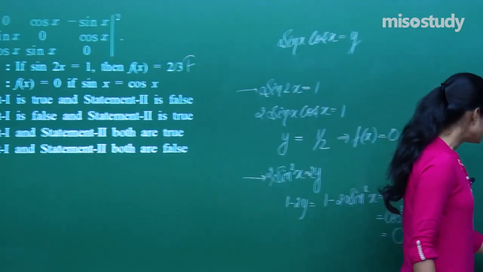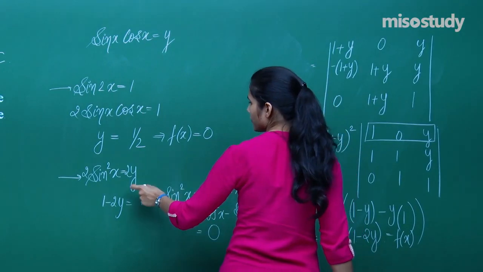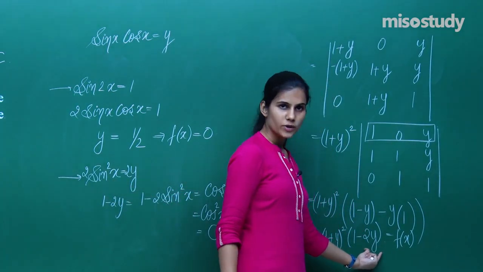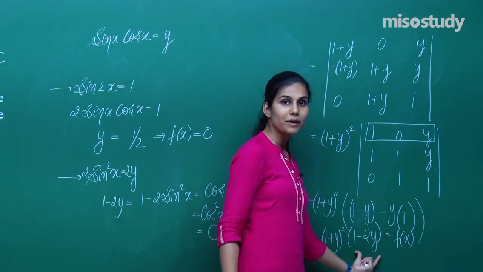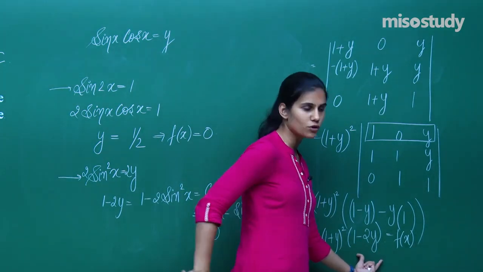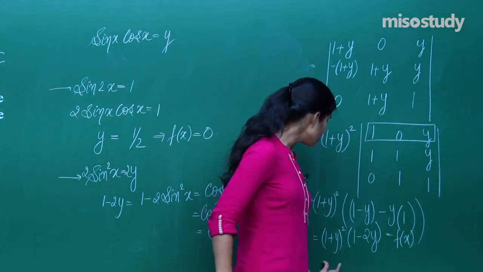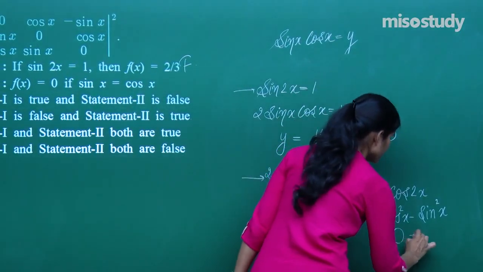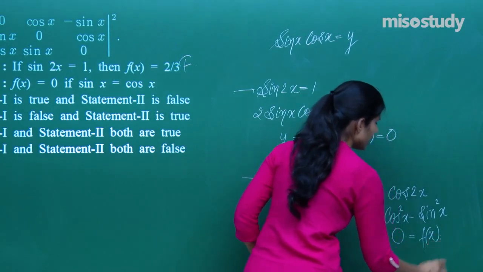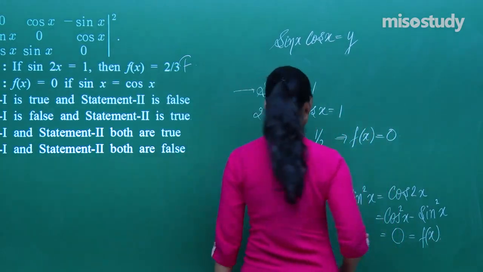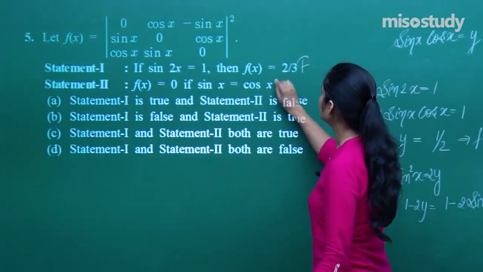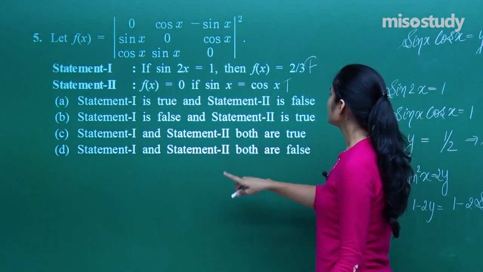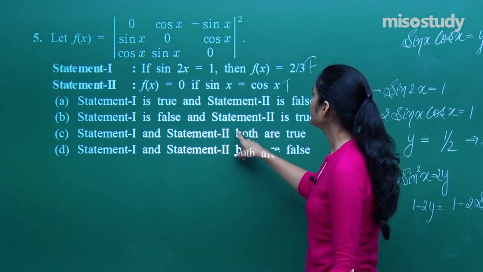So cos 2x is coming out to be 0. 0 into anything is 0, so f of x again is 0. So this implies f of x is also 0. Clear? And therefore this is true.